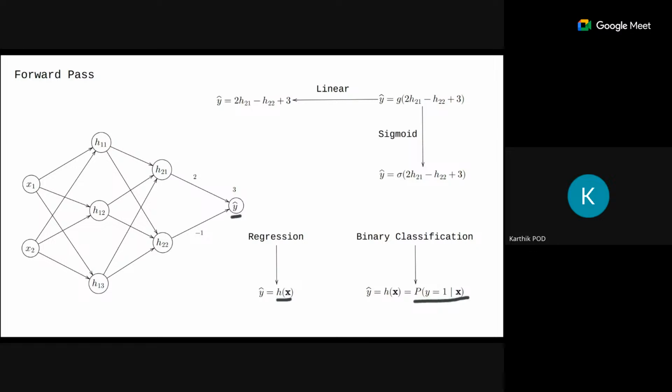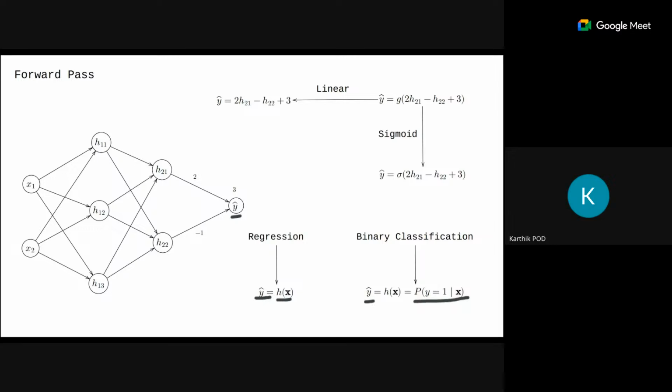Is that clear? Can you repeat what you said about probability? For a binary classification problem, the network outputs a probability. For regression, it outputs the label itself. There's a slight abuse of notation: I am using y hat to mean the probability in this case, not the predicted label.